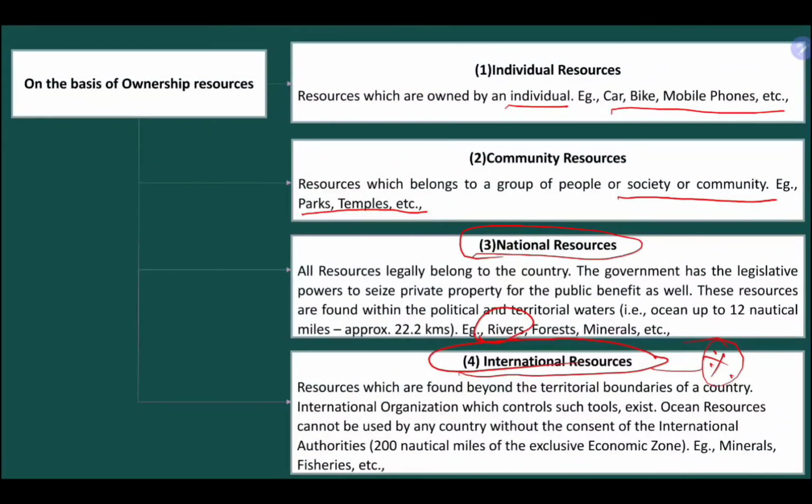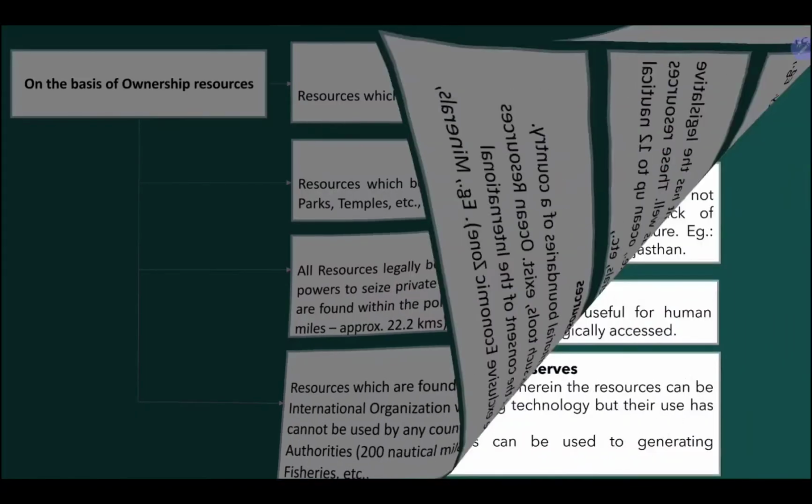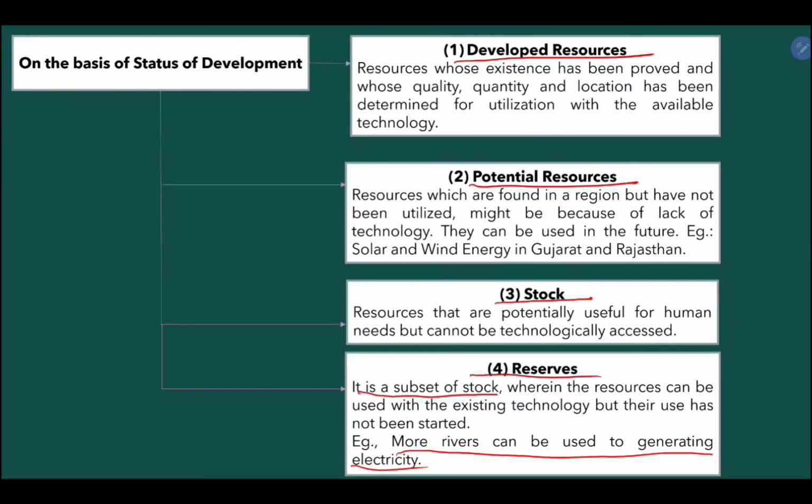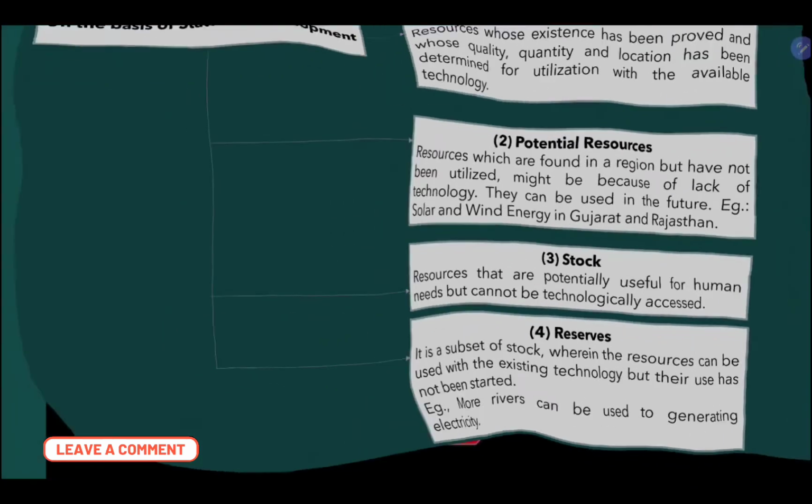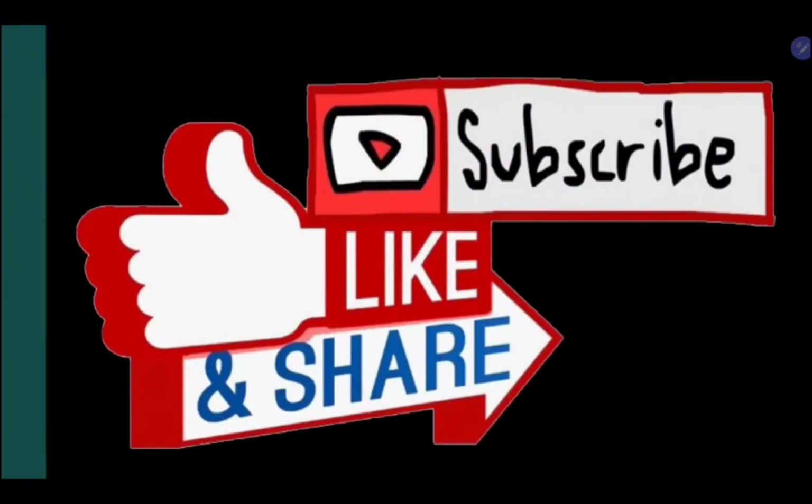On the basis of ownership, it is individual resource, community resource, national resource, and international resources. And on the basis of status of development, it is developed resources, potential resources, stock, and reserve. So this is about the classification of resources. The rest of the things we will see in the next video.